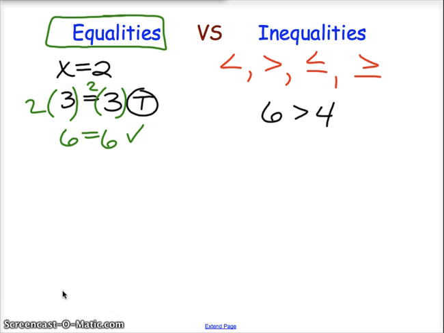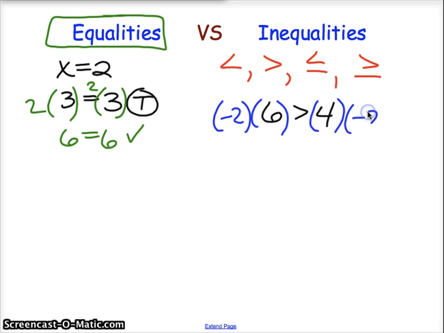What I want to discuss is what happens when you multiply both sides by a negative, right? So we're going to take negative 2 times positive 6, and you're going to get negative 12, because a negative times a positive is a negative.